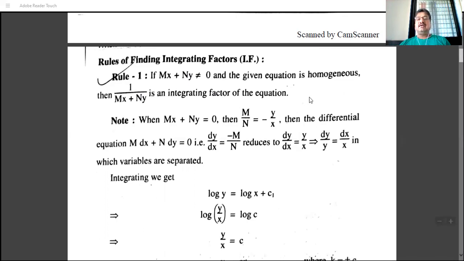So how can we reduce the homogeneous differential equation to an exact differential equation? If we multiply that homogeneous differential equation by 1 by (Mx + Ny) as an integrating factor, then the differential equation becomes exact, and then we can find the solution.